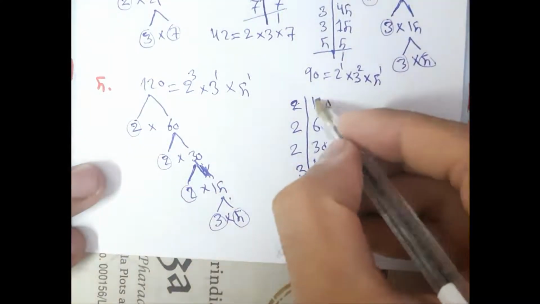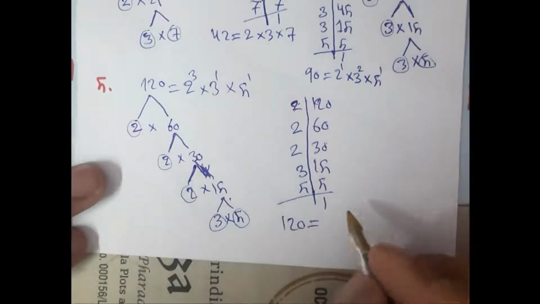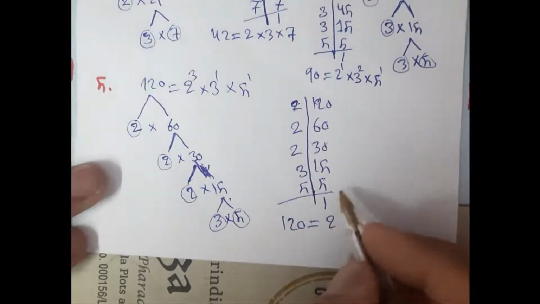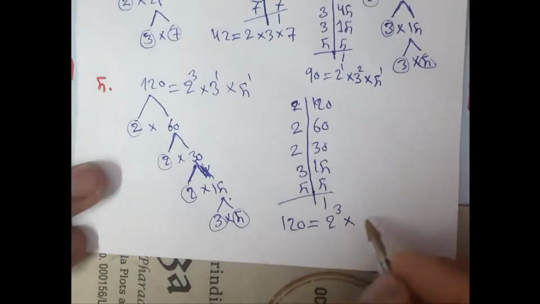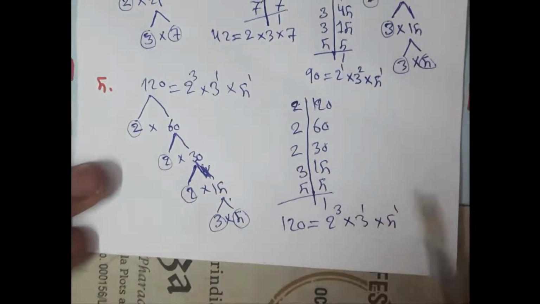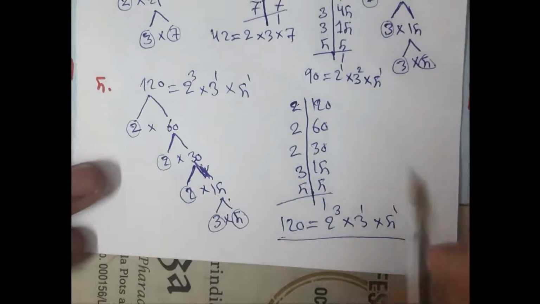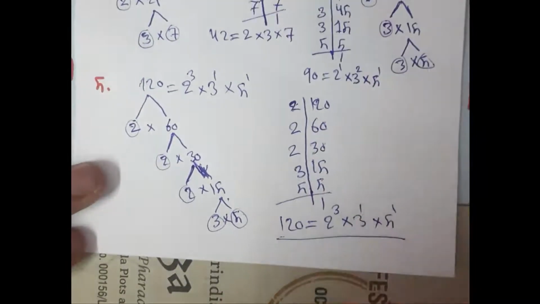The procedure is over. So 120 is equal to 2 to the power 3 times 3 to the power 1 times 5 to the power 1. It is the prime factorization of 120.